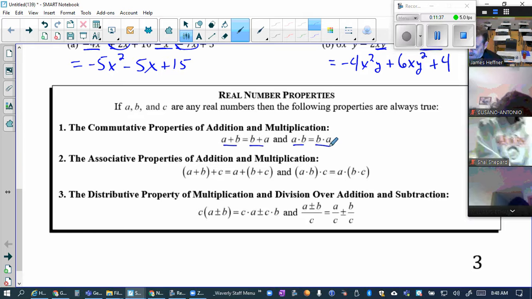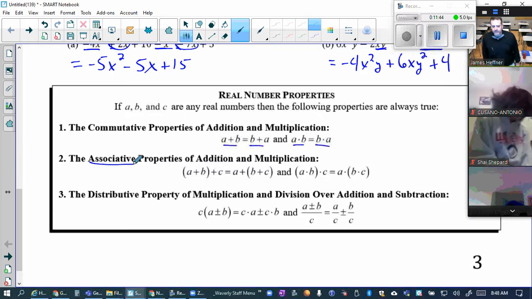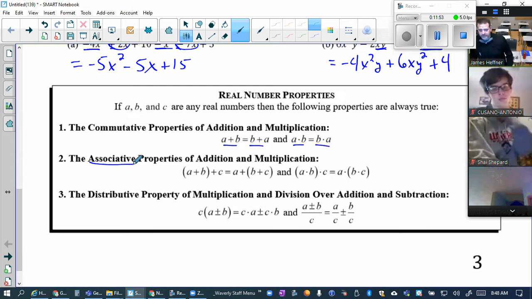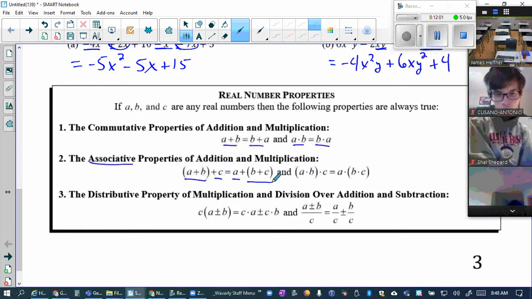The associative property just means that if you're working with all addition or all multiplication, you can group the operations in any grouping that you like. So for example, if I group up A plus B and then add C, with a grouping symbol, that's really the same as A plus the grouping B plus C, okay?